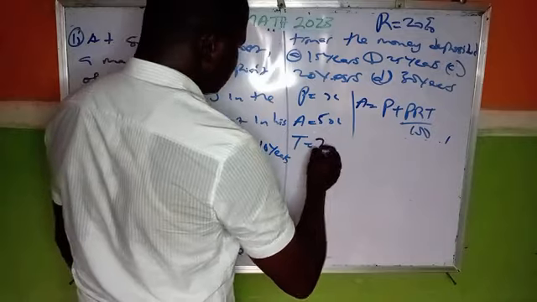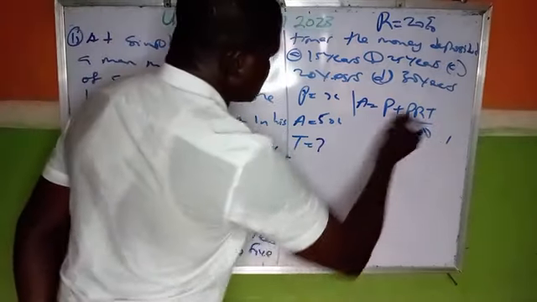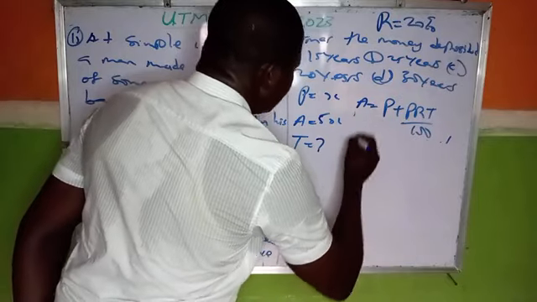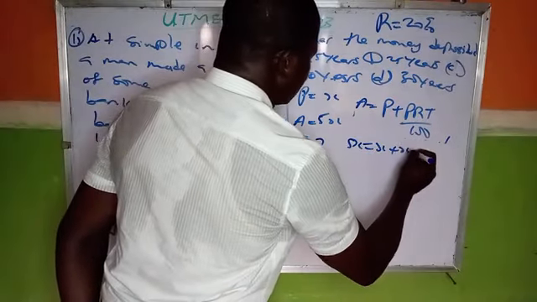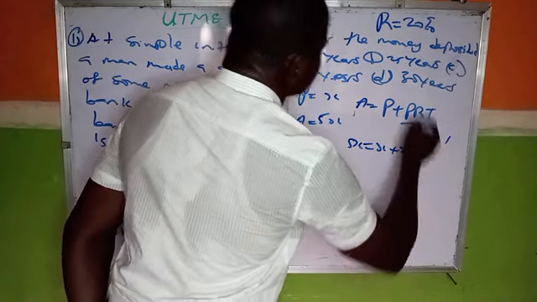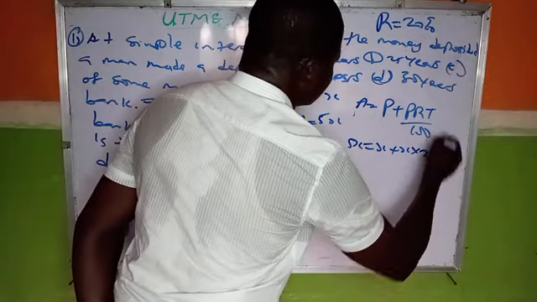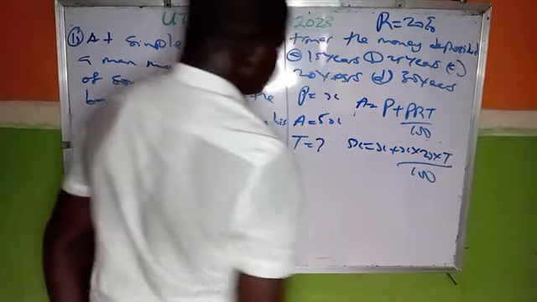How many years? So again, A is 5x equal to x plus x r, now r is 20% times t, that's what they ask you to calculate, over 100.